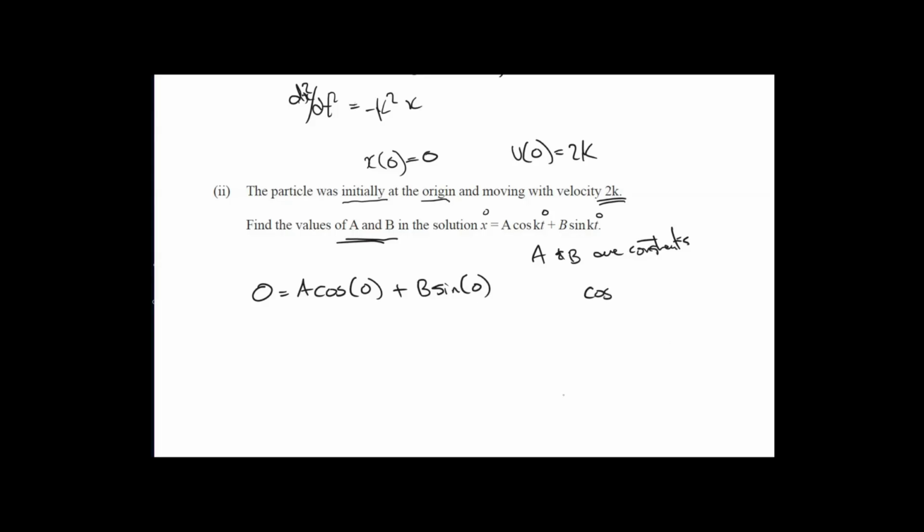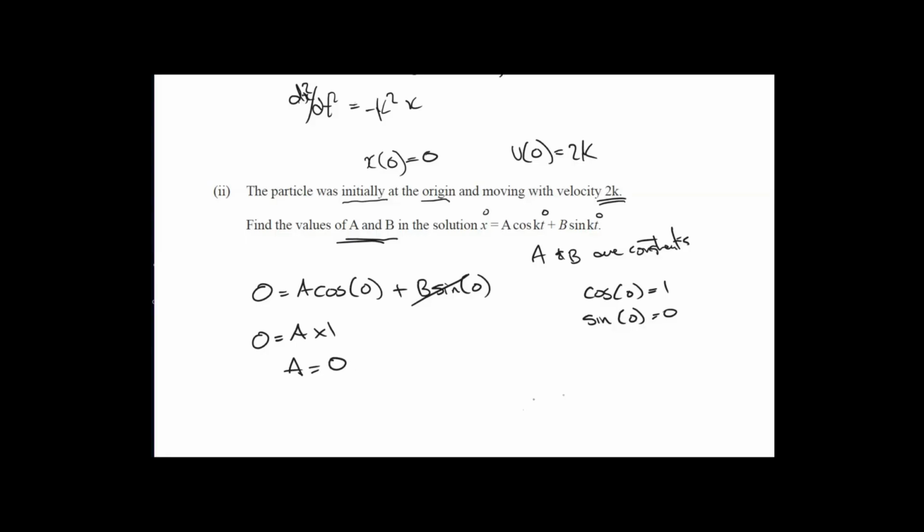Cosine of 0 is 1. Sine of 0, however, is 0. So this term disappears. So 0 equals a times 1. So therefore a must equal 0.